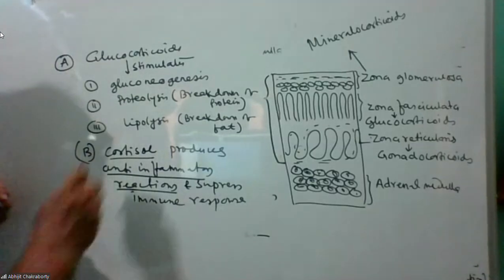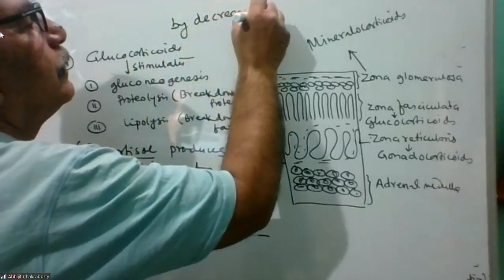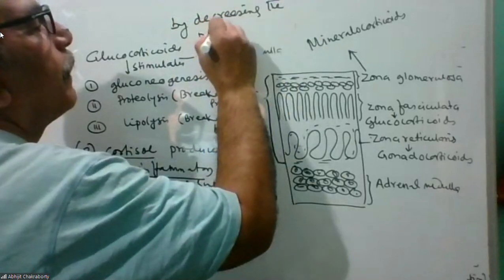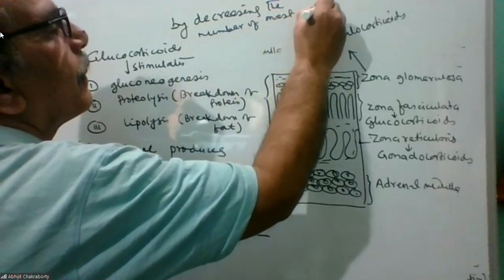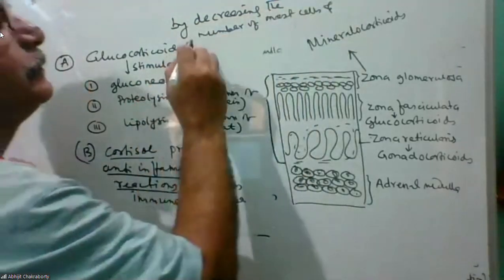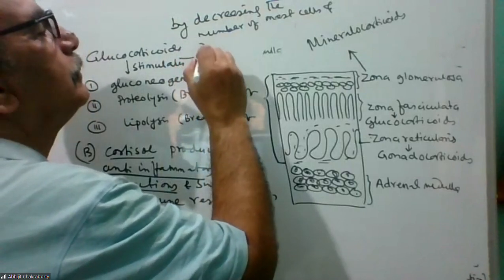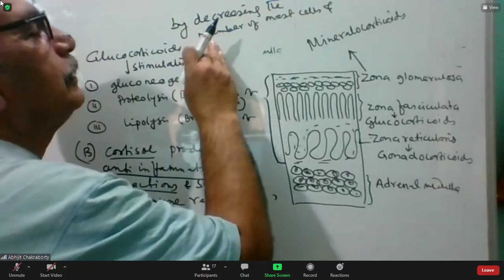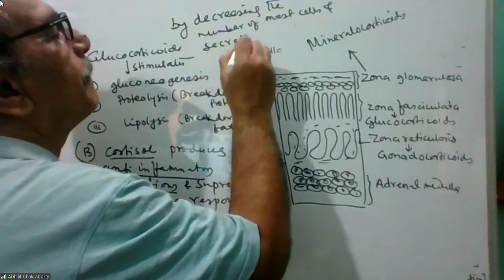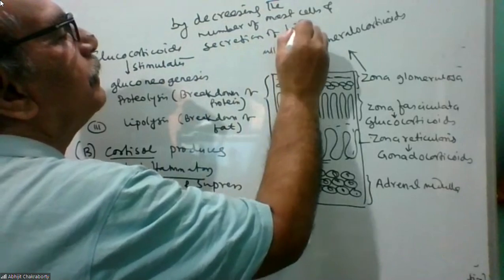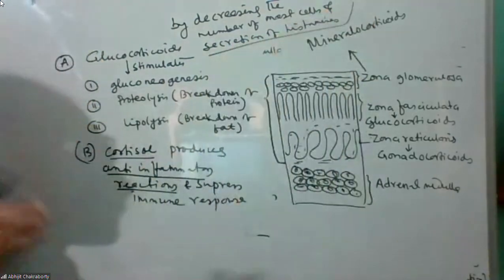It produces this function by decreasing the number of mast cells and secretion of histamines, because histamine is responsible for allergy.